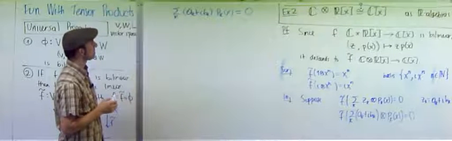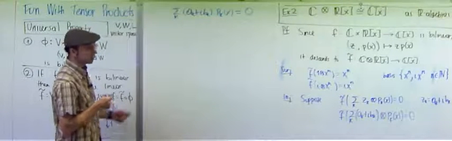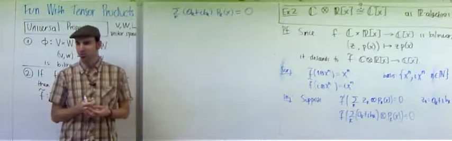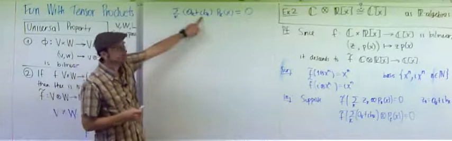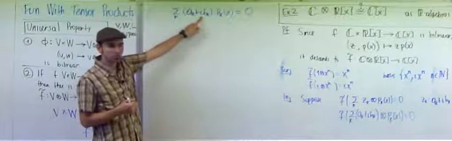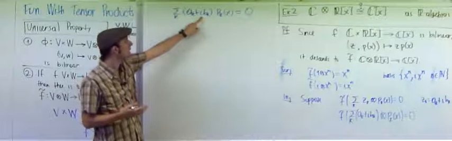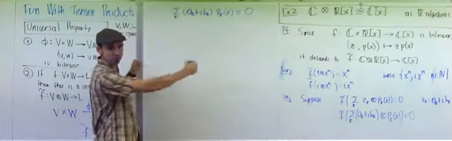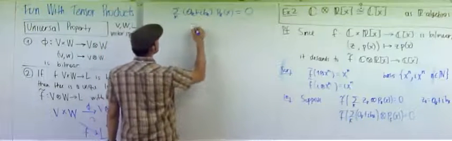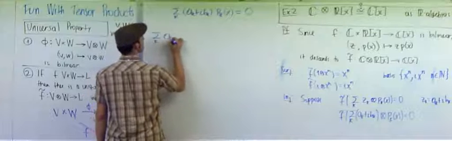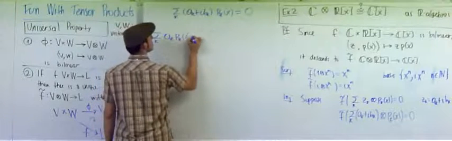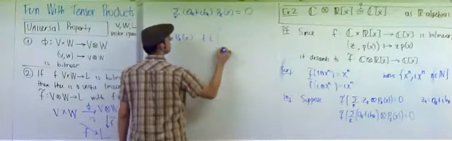Okay. So now what should I do here? Well, let's remember who's real and who's not. So everybody's real except for this guy right here. And so we can actually split this into real and imaginary part. Okay. So the real part is this, and the imaginary part is this.